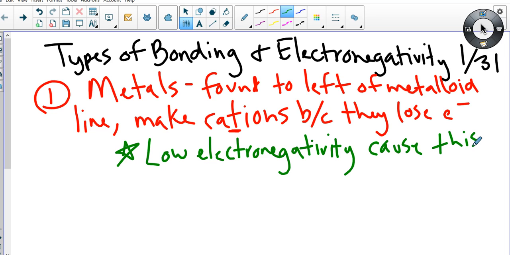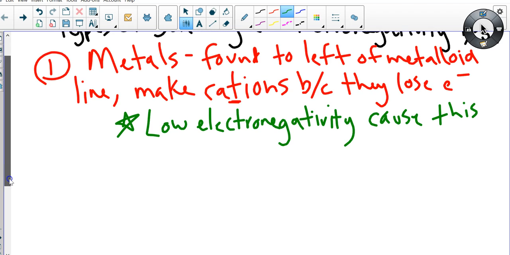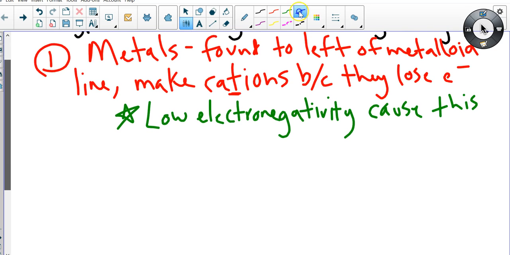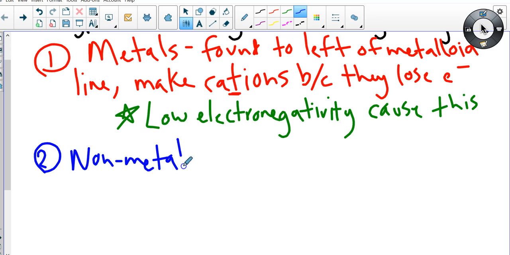Alright, so that's metals. Nonmetals are pretty much the opposite. So nonmetals are on the right of the metalloid line.